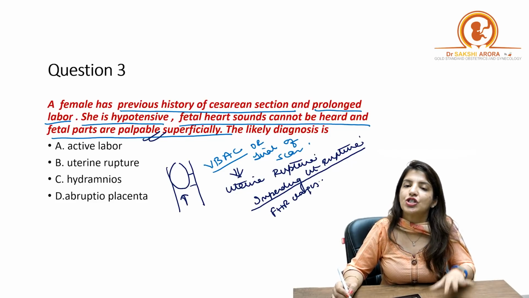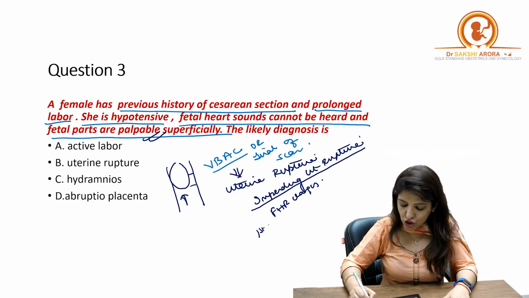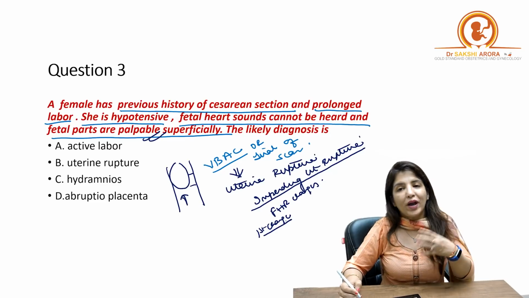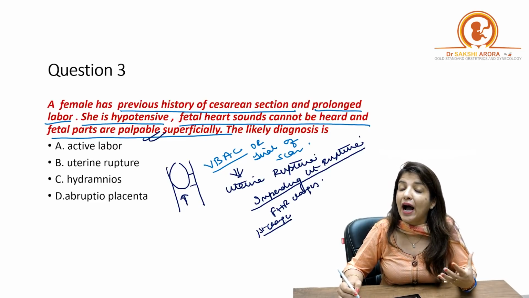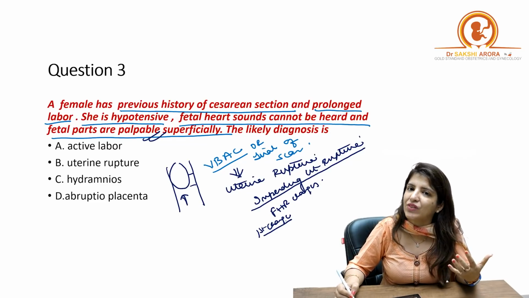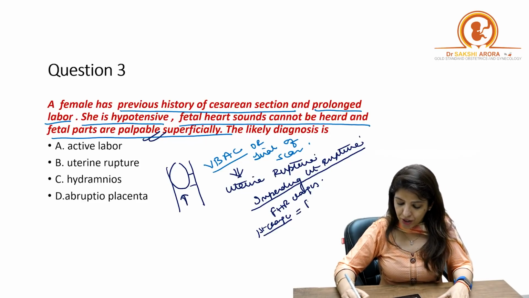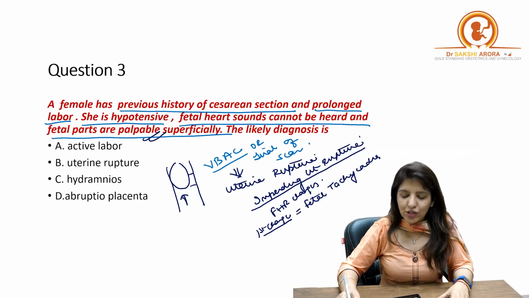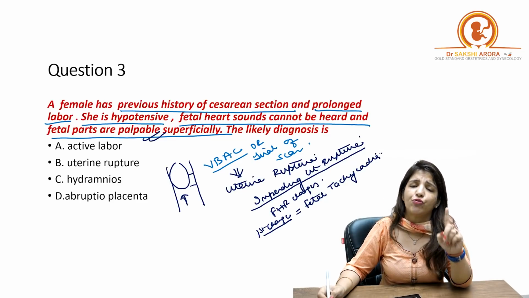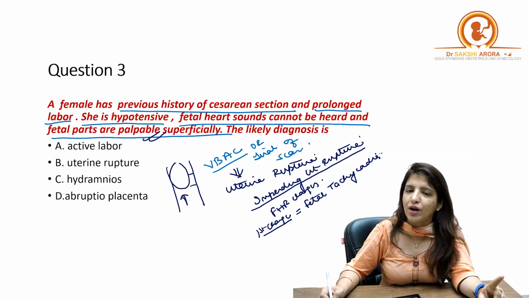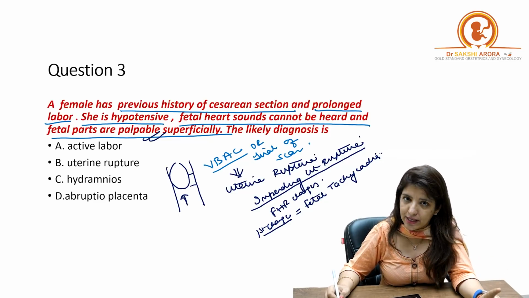So fetal heart rate changes are going to happen, and the first change which you see, when uterus is about to rupture, there will be hypoxia, and in response to that hypoxia, you are going to get fetal tachycardia.